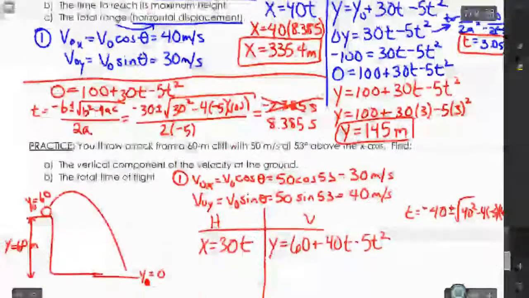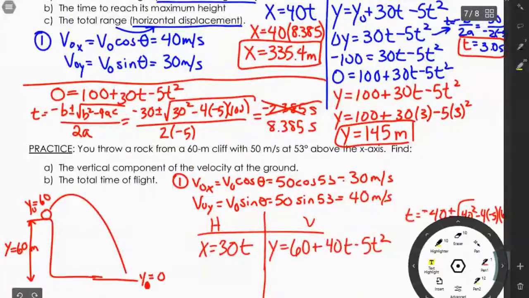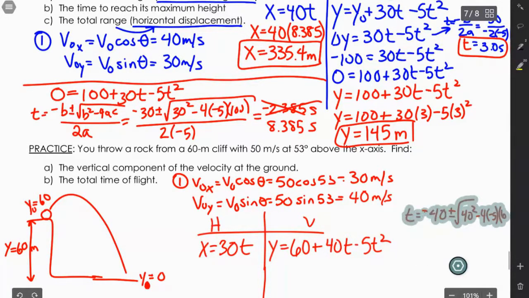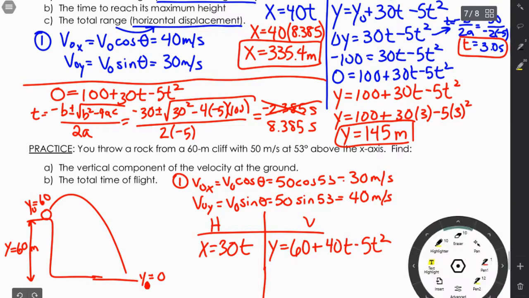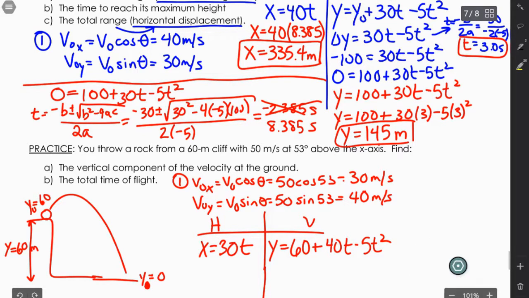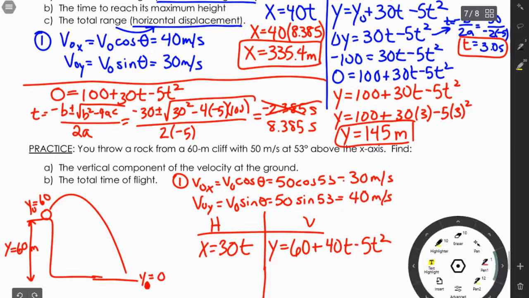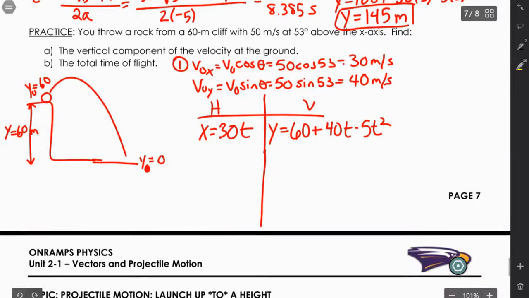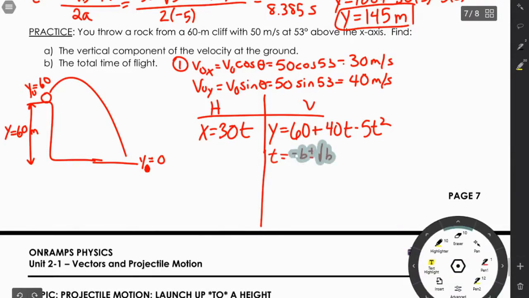I always do that. I always get it too close to the scroll bar. So let me erase this out and we'll do it again. So t equals negative b plus or minus the square root of, let's just plug in our values.